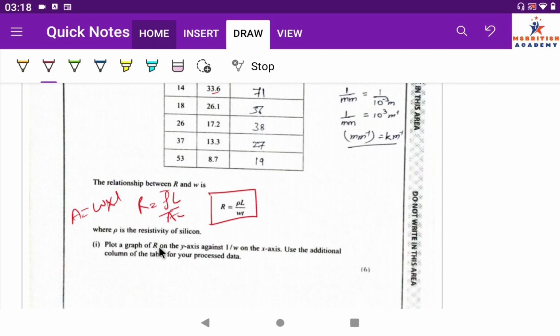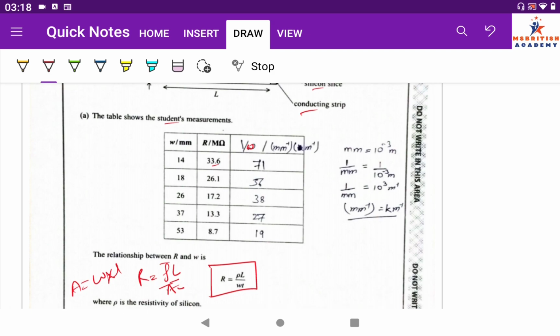Plot a graph of R on the y-axis against 1 by W on the x-axis. Use the additional column of the table for your processed data.